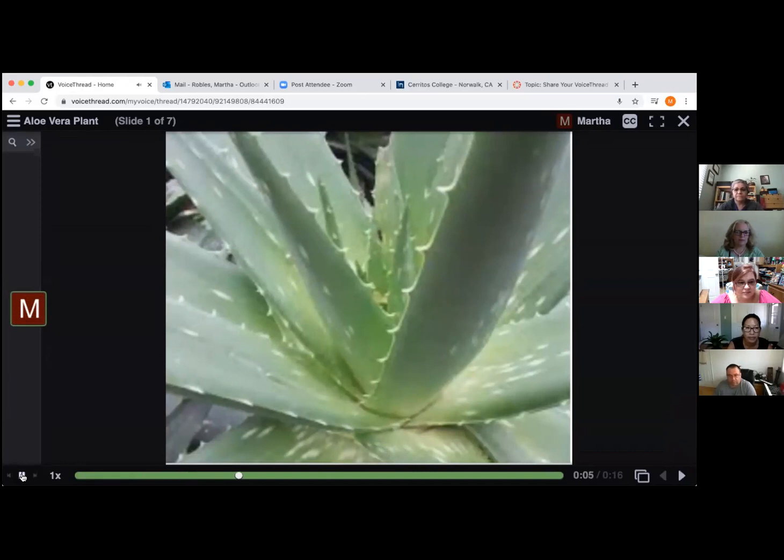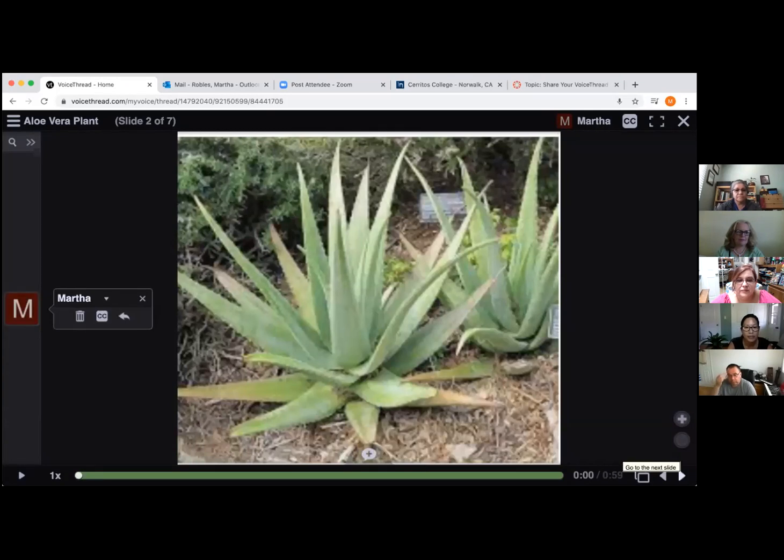I'd like to start our conversation about your natural remedy speech by telling you a story about a plant called aloe vera. The first time I heard about the aloe vera plant was when I was talking to my mother, and she had these gigantic aloe vera plants in our back yard.